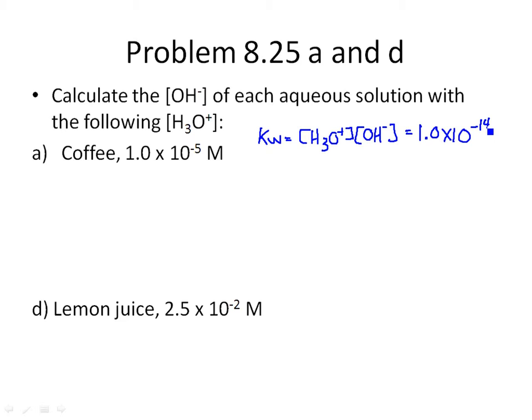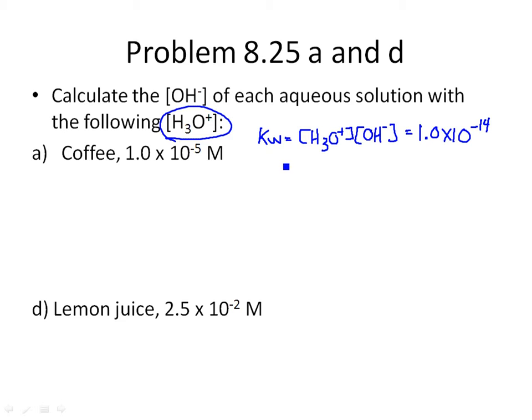Here we're given the hydronium concentrations of coffee and lemon juice. If we're looking for the hydroxide concentration, we can just rearrange our ion product constant equation.